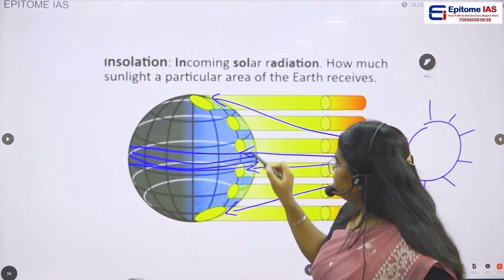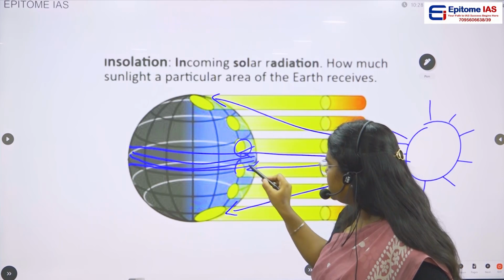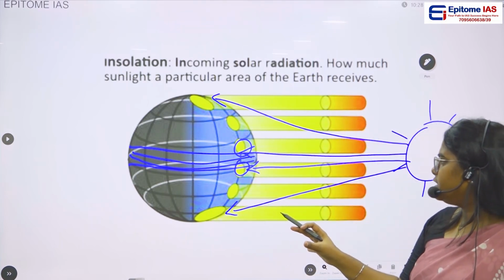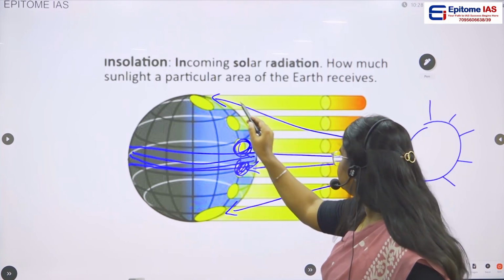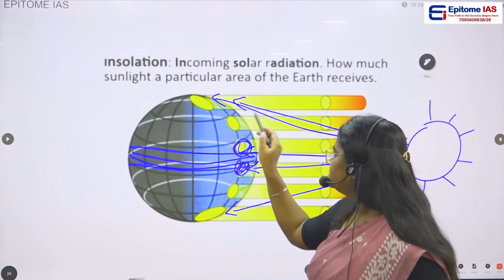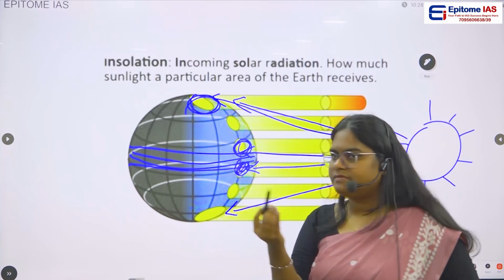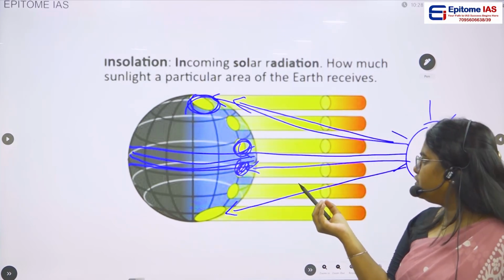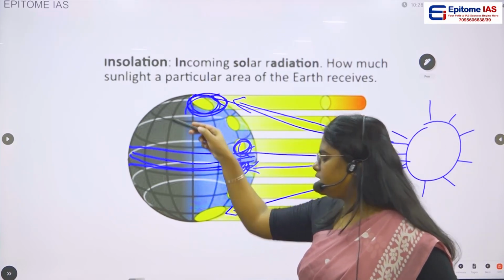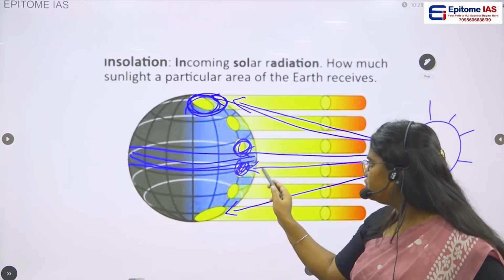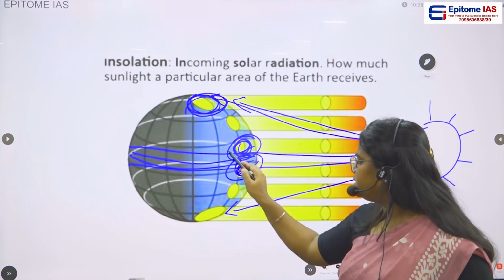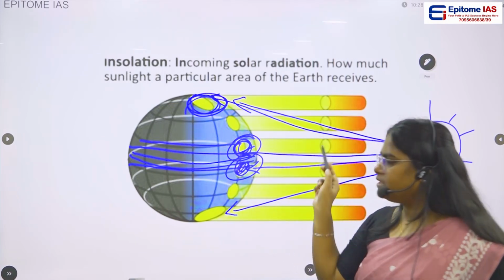So that's why these direct rays which are falling on the equator are of more concentration compared to those rays which are falling on the poles, where the concentration is very less. So the amount of insolation received in the polar area is comparatively lesser than the amount received in the equatorial region.